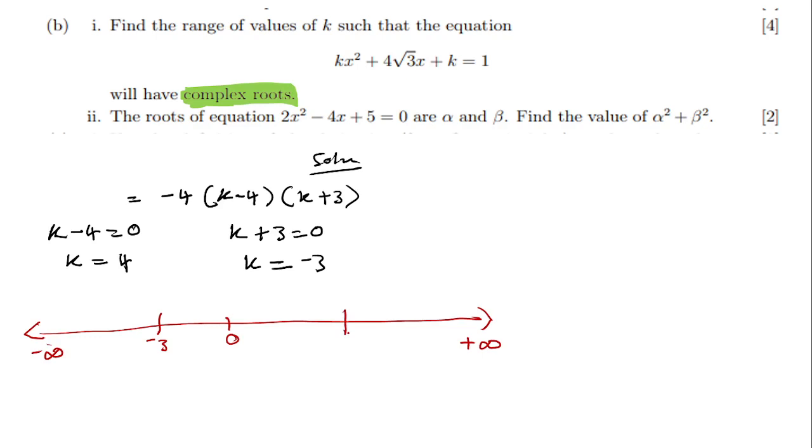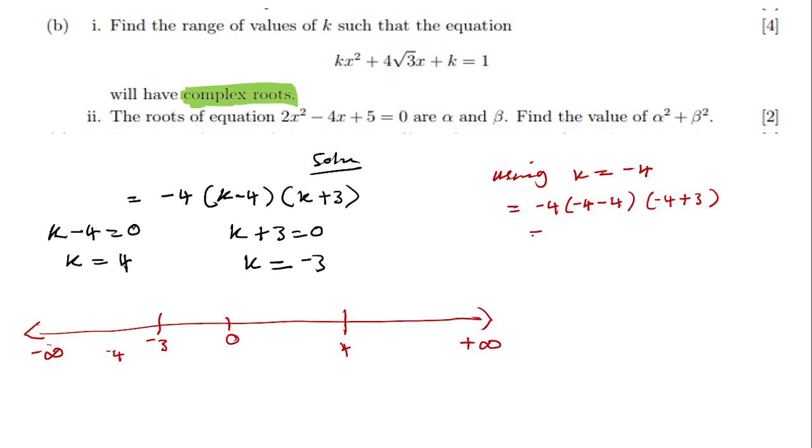It is 4. So if you take a value, let's say negative 4, if you put negative 4 there, using k equal to negative 4, this will be negative 4, and then negative 4 minus 4, and then negative 4 plus 3.